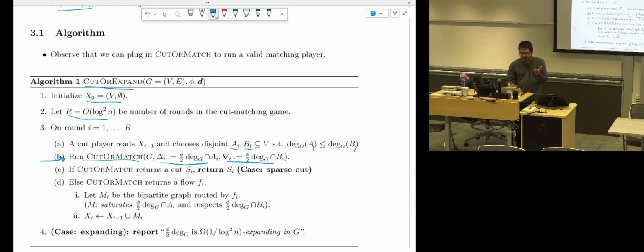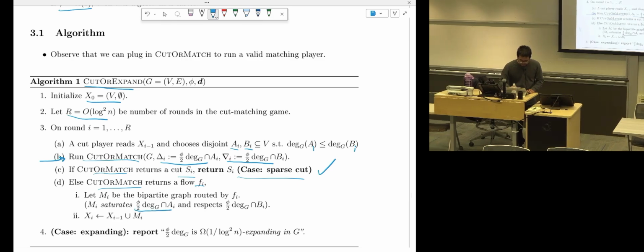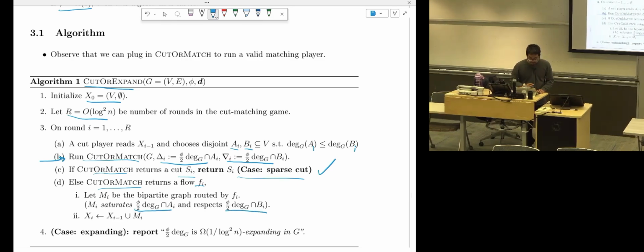If it gives you a cut, we saw before that it's a sparse cut, so we're done. If it gives you a flow, it basically meshes all the A side to the B side. So it saturated all the nodes in A and respects all the nodes in B.